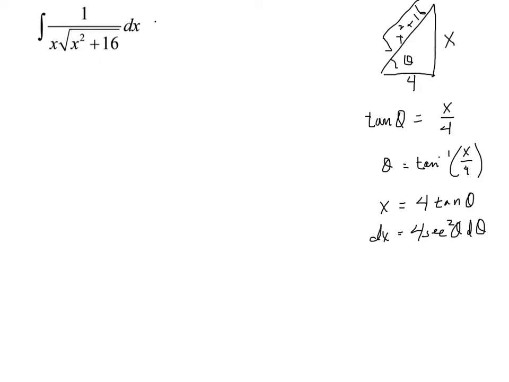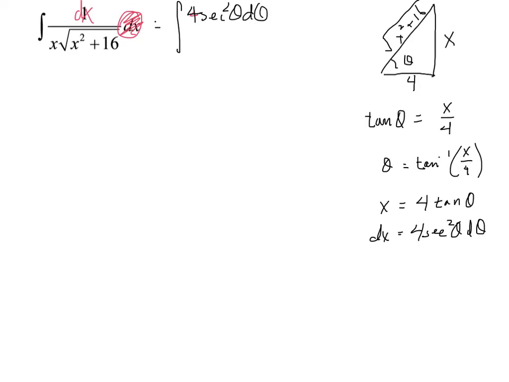I'm going to try and put it up here because I think I'm going to need the room. So I'm going to actually put the dx on top this time, so I think we can see the cancellation a little quicker. I'm just going to write the dx like that. So we're going to have 4 secant squared theta d theta on top.